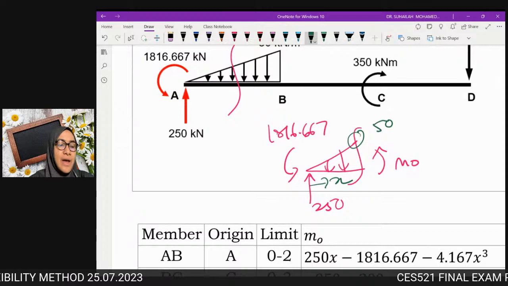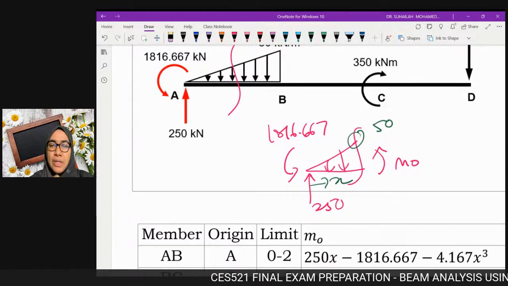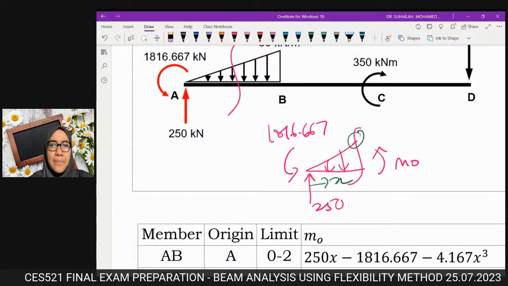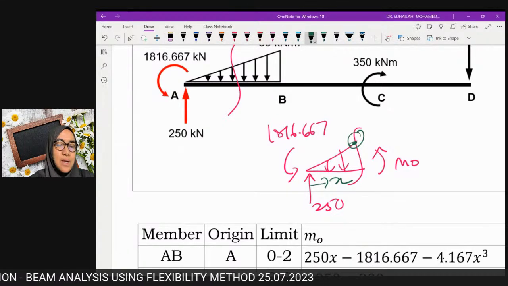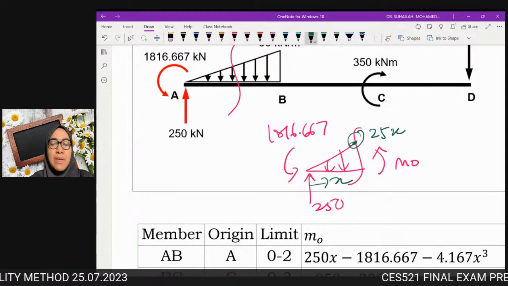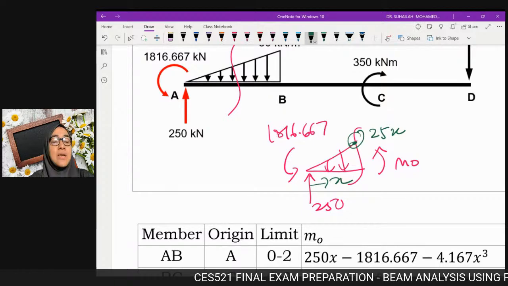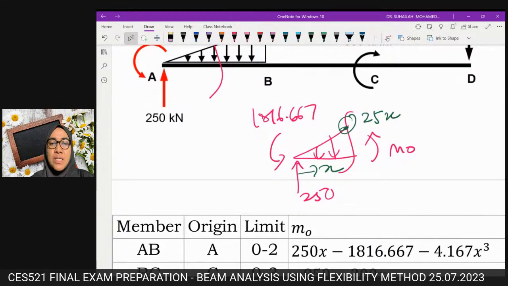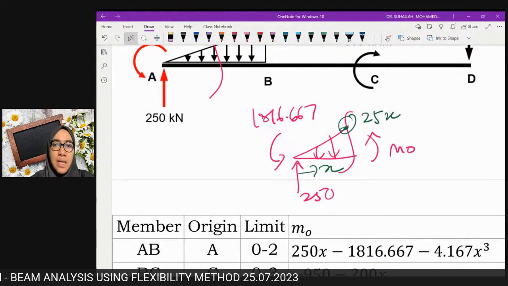So we have to interpolate the new value for this position. The value is 25x, which means that when we substitute x equal to 2, it is 50. So this is the cutting section for AB, origin A, limit 0 to 2.